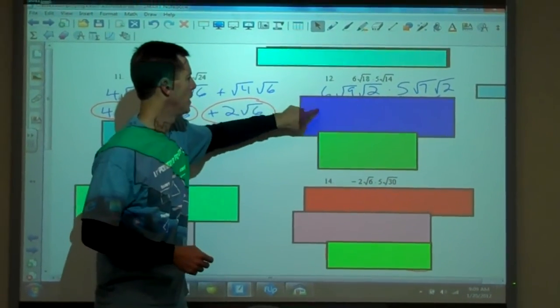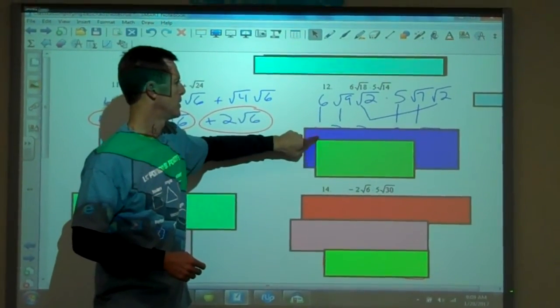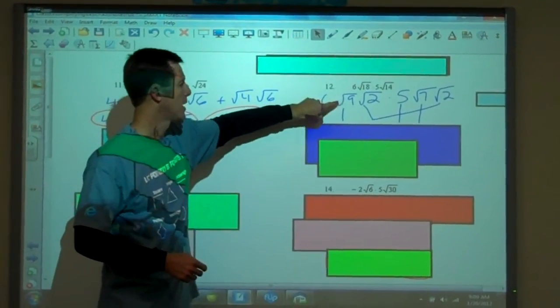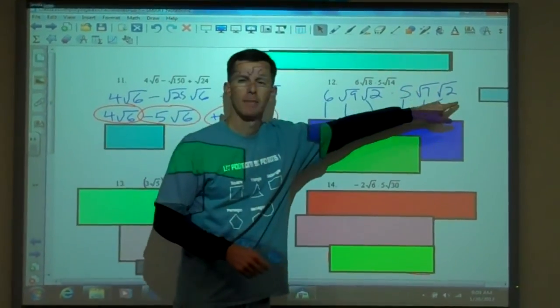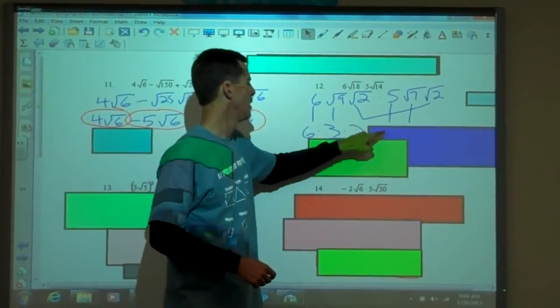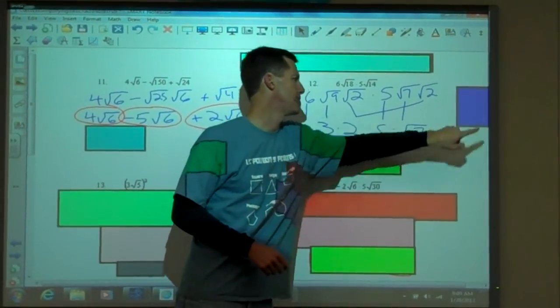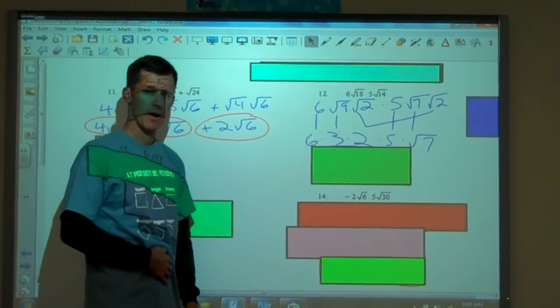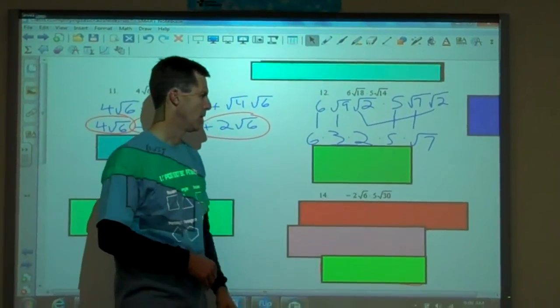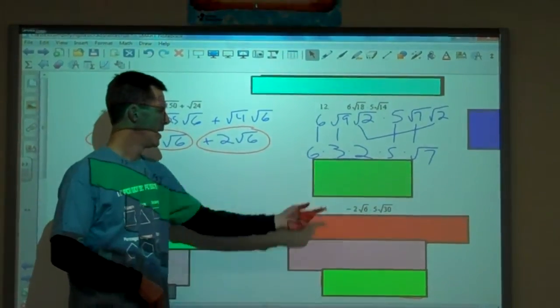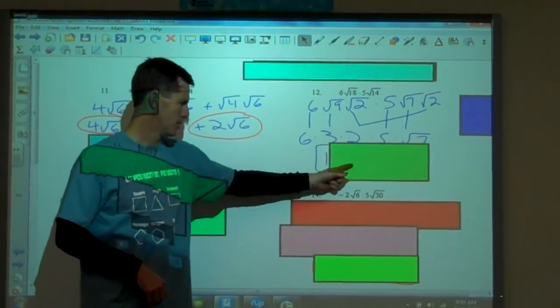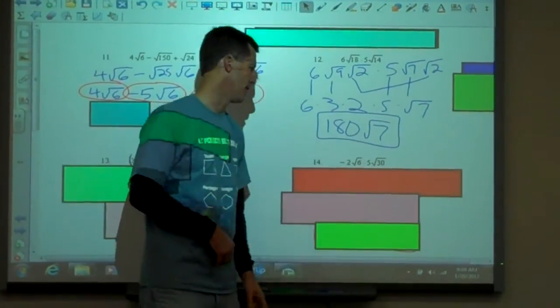So we would make sure to bring this down. The 6 would come down, the root 9 becomes a 3, the root 2 times the root 2 makes a 2, and then bring down the root 5, and the root 7. Outies with outies, innies with innies. Multiply all the outies together. 18 times 10 is 180 root 7.